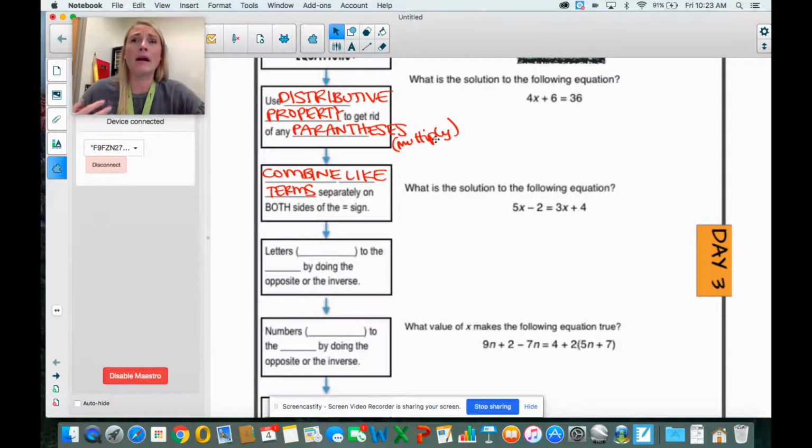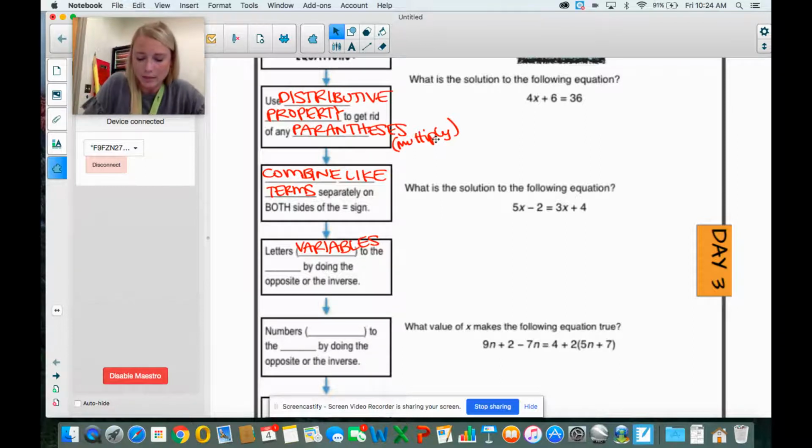Okay, now I teach solving equations a little differently because I think it works. If you can find a process that works for you, and if you get in a routine of doing it, then it makes it a lot easier and you can be very successful at this. So I say letters, which hopefully you remember are our variables, a fancy math word for letters.